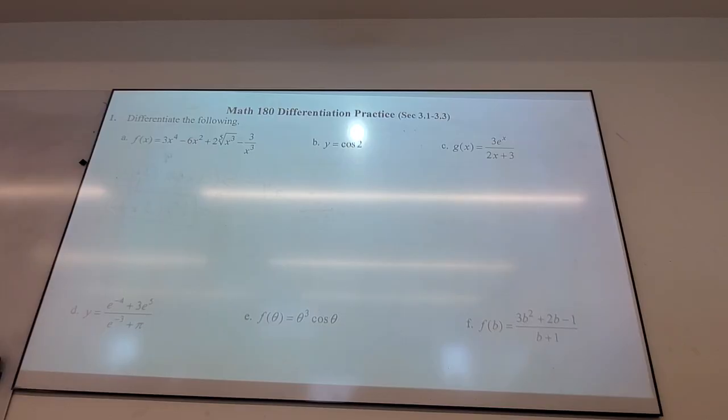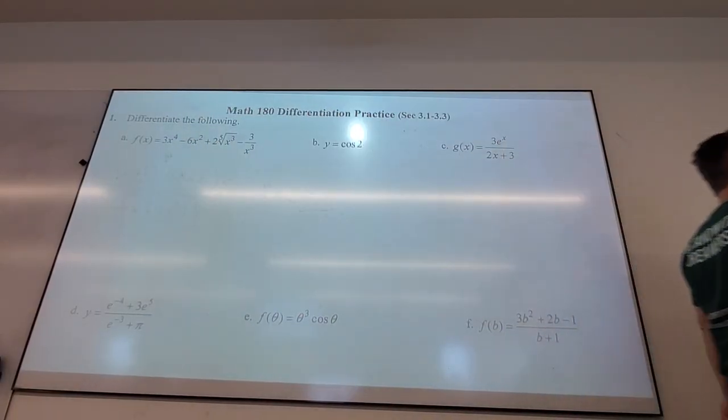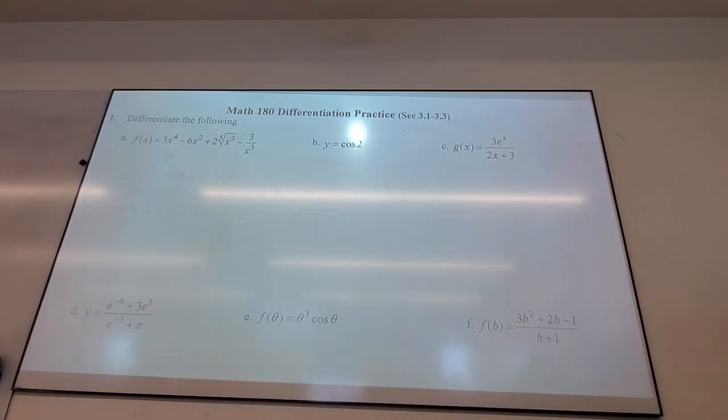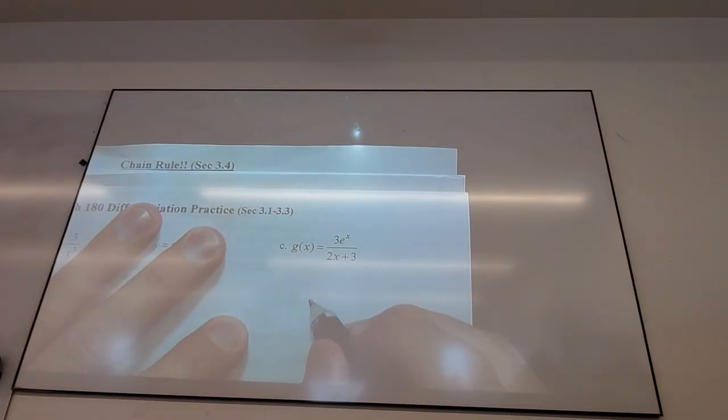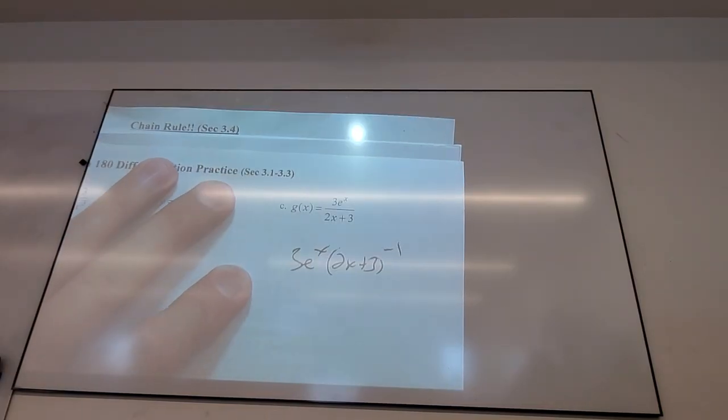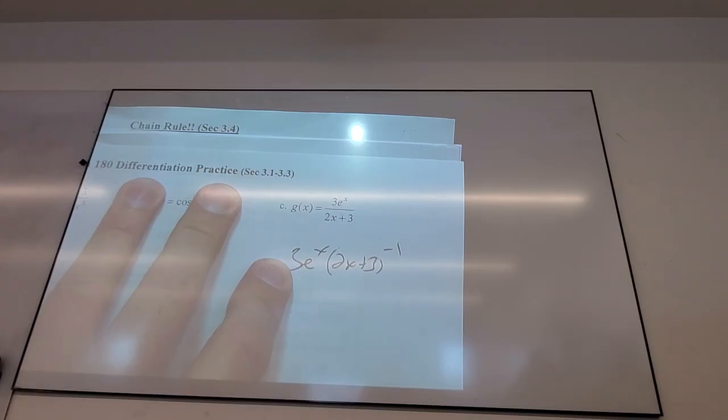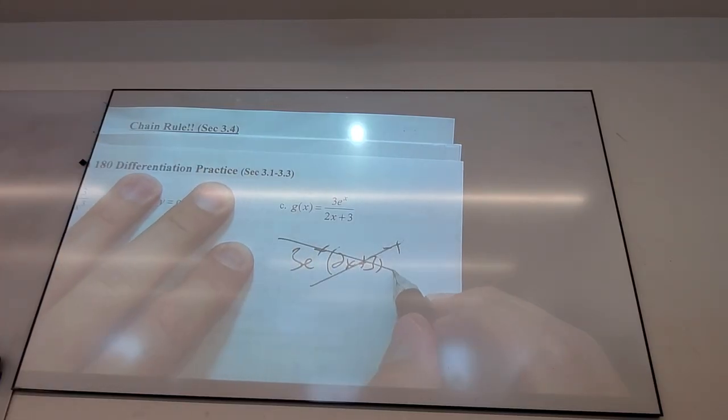Don't you wish that wasn't a quotient? When I was a student, I hated quotient rule. In fact, I have to tell you a secret, I never did quotient rule. What I did was, if I had something that looked like it needed quotient rule, I would just take, for example, this one, 2x plus 3 to the negative 1, and I would do product rule. Now, that's not very smart, to be honest.